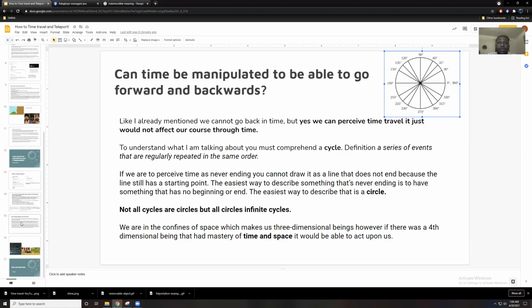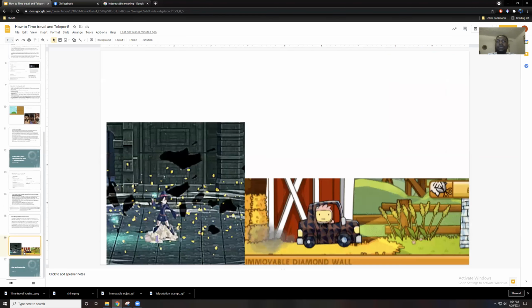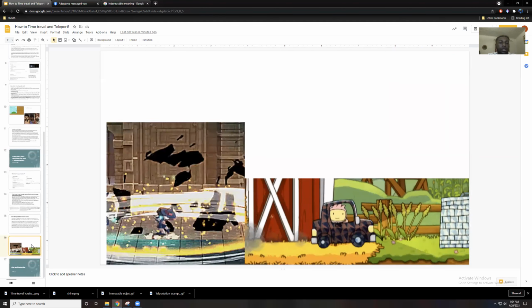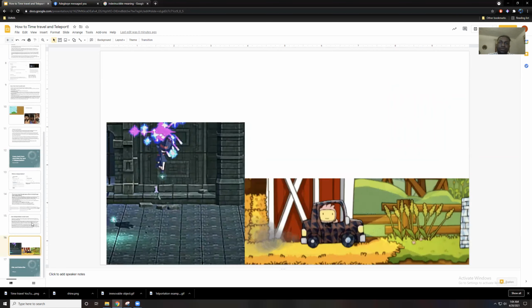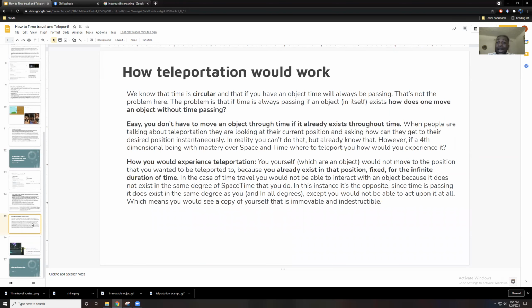Well, it's possible because in this instance, the constant is time, which means you can manipulate space. You cannot change time, but you can mess with the variable that is space.